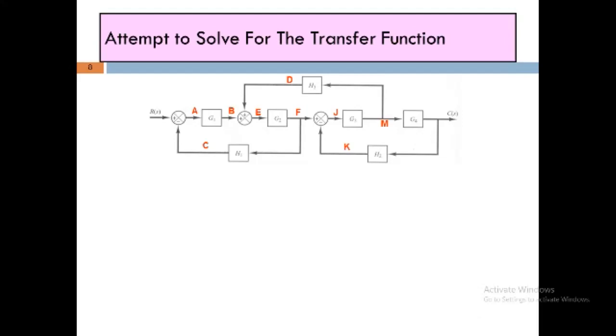Next, the poles and zeros of the system can be found from this transfer function. As per this diagram, I just told you why the forward and reverse paths need to be identified. Just find out the poles and zeros, and how these poles and zeros can be found will be discussed in the next lecture.